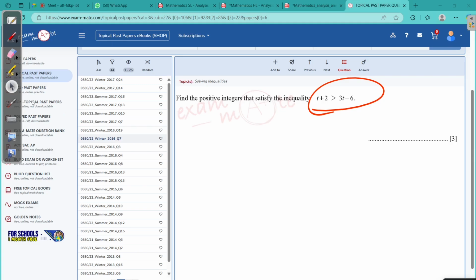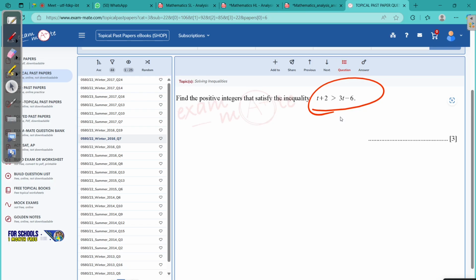So 2 divided by 2, so 4 is smaller than t. So t is going to be anything below 4. Yeah, 1, 2, 3 practically.